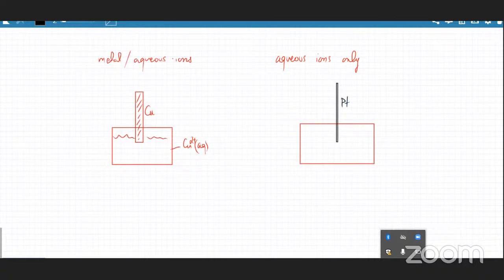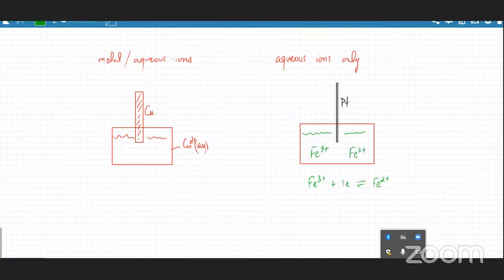So there's going to be a platinum electrode, and दोनों ions जो होंगे ना, let's say there's this equilibrium that's established between Fe3 plus trying to gain electrons to form Fe2 plus and vice versa. Fe2 plus trying to lose electrons to form Fe3 plus. So let's say you have this. Both ions are going to be part of the solution.